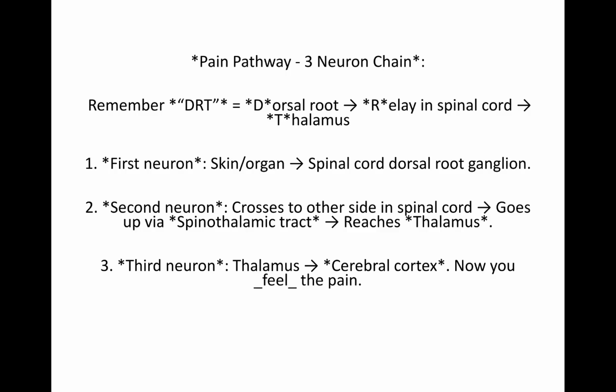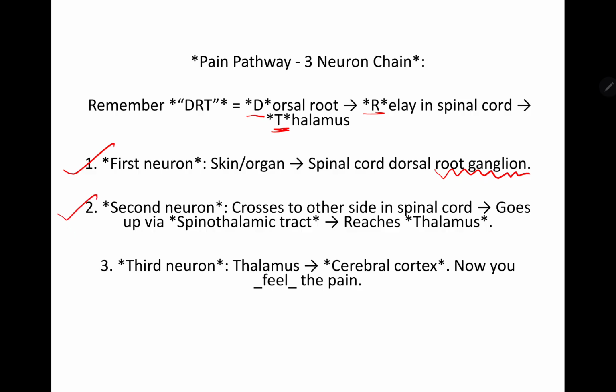Now, the pain pathway. It contains three neuron chains. Remember DRT: dorsal root, then the relay in the spinal cord, after which it is the thalamus. First neuron: skin or organ to the spinal cord, via the dorsal root ganglion.